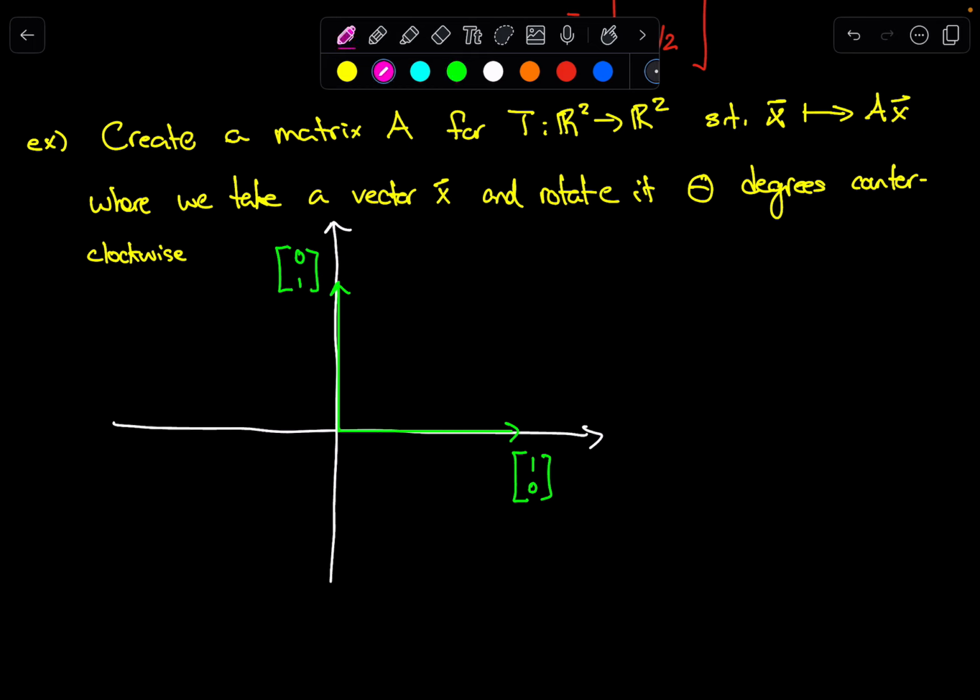But now we're going to rotate some amount theta, and we're going to end up at some new vector that I don't know yet. Similarly, we're going to rotate this one by the same amount and end up at some new vector that we don't know, but at the very least, we know that we went the same angle theta.